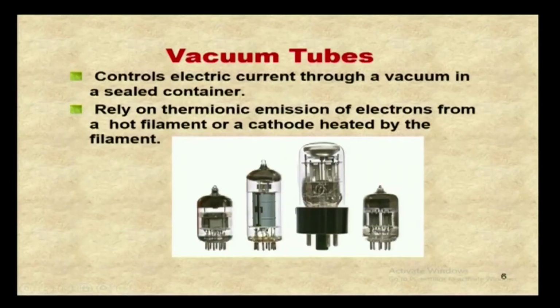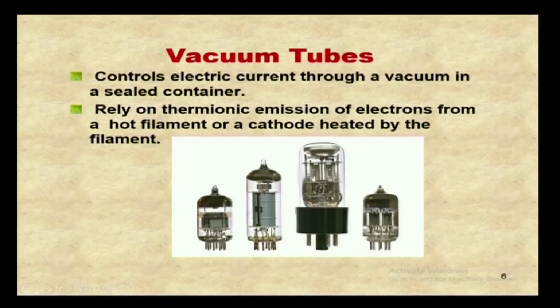Then electronics came in 1900 or so. At that time there were vacuum tubes. These vacuum tubes relied on the flow of electrons in vacuum. There is a heater inside which heats a surface and electrons are emitted, and the flow of electrons is controlled through a control grid.